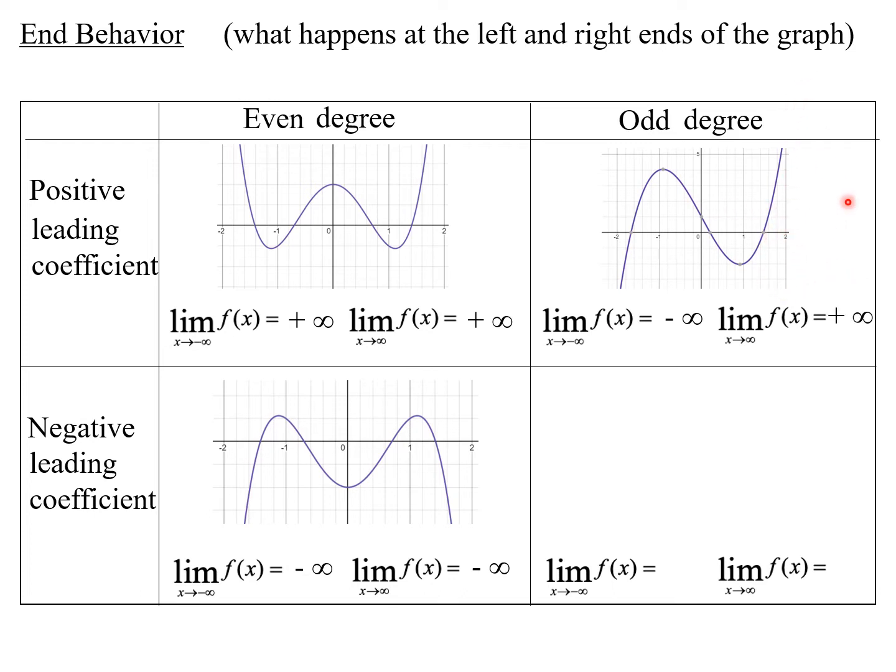Just keeps on going up like that. If we now take a negative leading coefficient, once again it's a reflection, so it looks like this. And the limit as x approaches negative infinity is now positive infinity. And the limit of the function as x approaches positive infinity is negative infinity. So these are some things to keep in mind when we're working in this section.